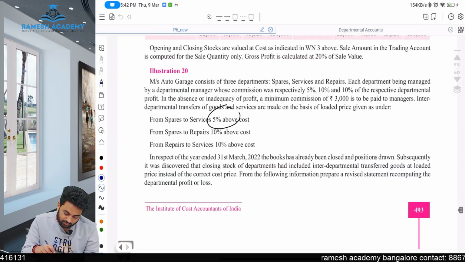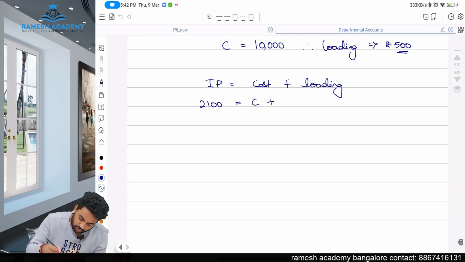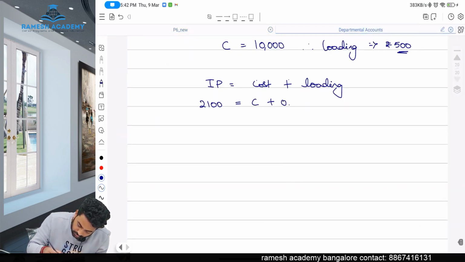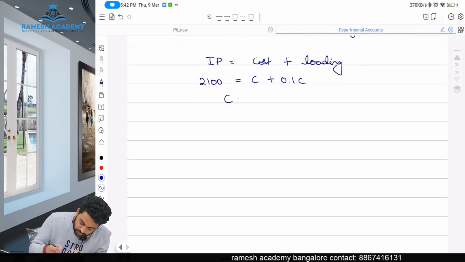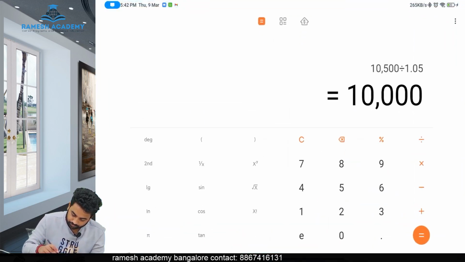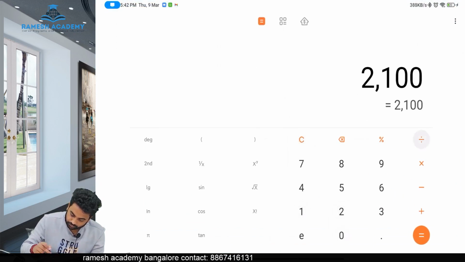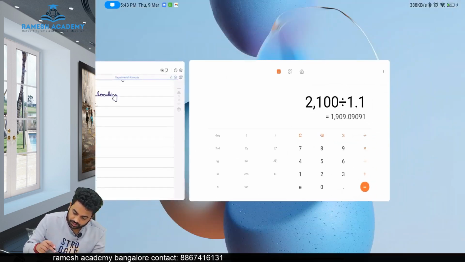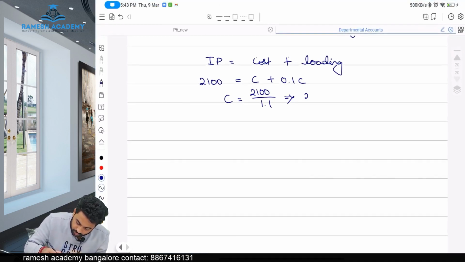For repairs it is sending at 10% above the cost, so 0.1 C. So C is equal to 2,100 divided by 1.1, which is basically rupees 1,909.